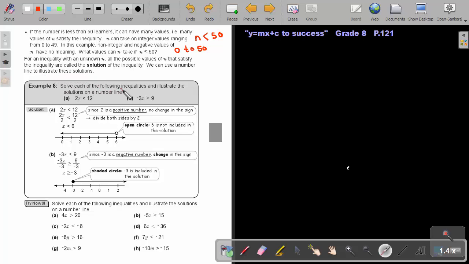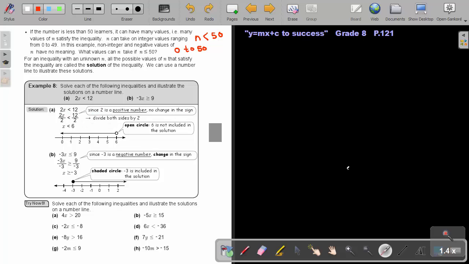Solve each of the following inequalities and illustrate the solutions on a number line. The first one, 2x is less than 12. So what will I do? I will divide by 2 and I will divide by 2. Now, since 2 is a positive number, you don't change the inequality sign. Can you remember from the investigation?